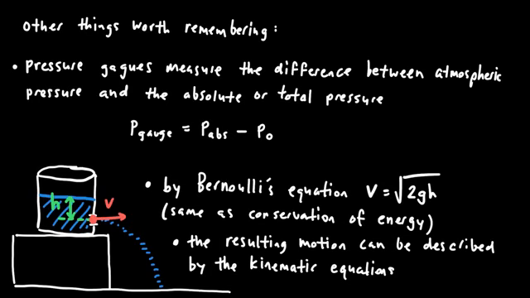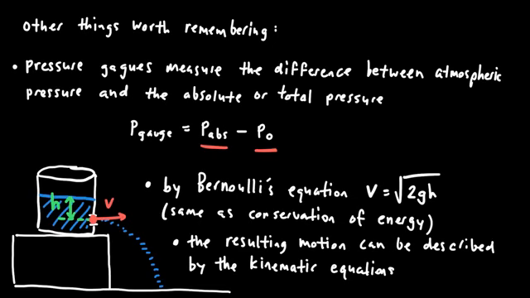So if you're ever told about the gauge pressure, you need to know that it's the difference between the absolute pressure inside the pipe, or inside whatever, and the atmospheric pressure on the outside. And so if you were given the gauge pressure, you would need to add atmospheric pressure to that, 1 times 10 to the 5 pascals, or 1 atmosphere, in order to actually know the pressure on the inside of the pipe.